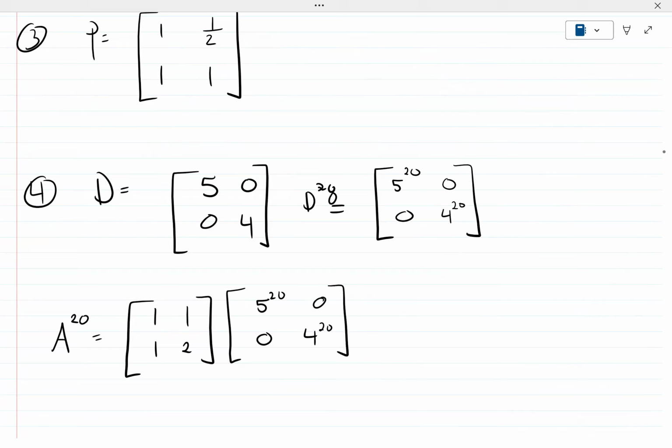And the last one was our P inverse. We know our P is this, so my P inverse, you could just put that in the calculator. You get 2, -1, -1, 1, right?